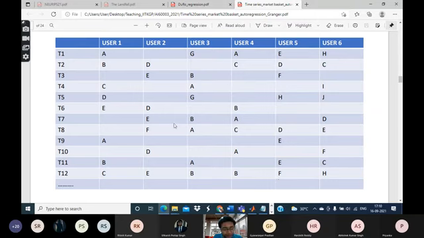Okay. So for example, in this case, DEF seems to be a sequence which user 2 buys. So here D and E have been purchased, so it's possible that F may be bought next.